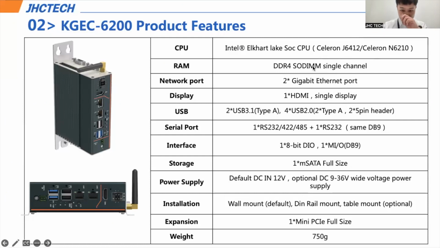It can support DDR4 SODIMM single channel memory and has two network chips with I225 network, and one HDMI single display, and has two USB 3, two USB 2, and USB inside.